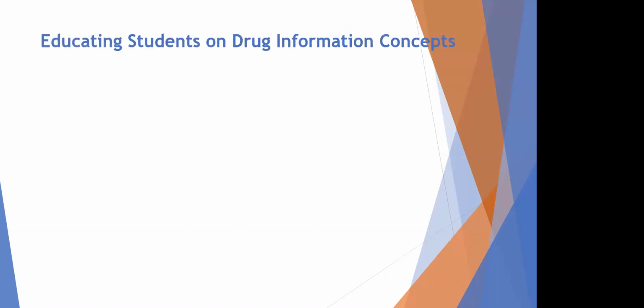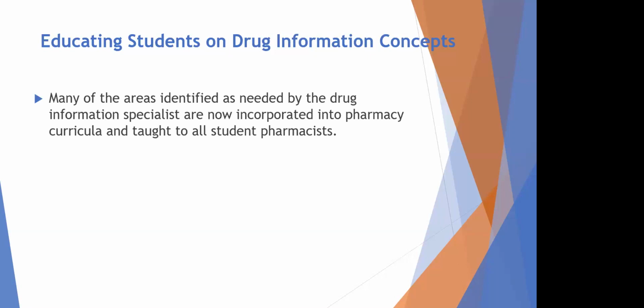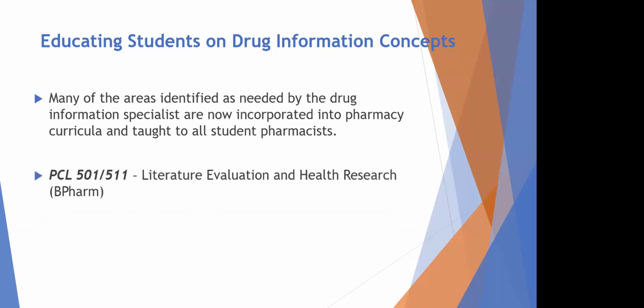Now, educating students on drug information concepts. Many areas have been identified as needed by drug information specialists. And these areas are incorporated into pharmacy curricula and taught to all pharmacy students. For instance, in my department at undergraduate level, we have a course we call PCL 501. I think we have changed it now to PCL 511, and it's called Literature Evaluation and Health Research.